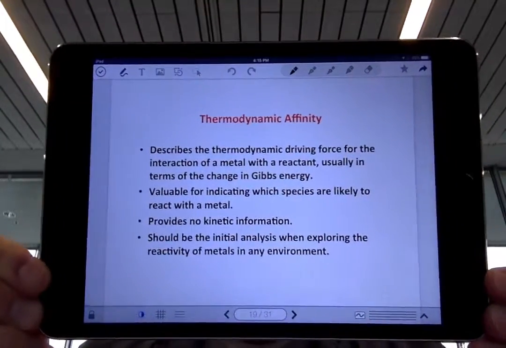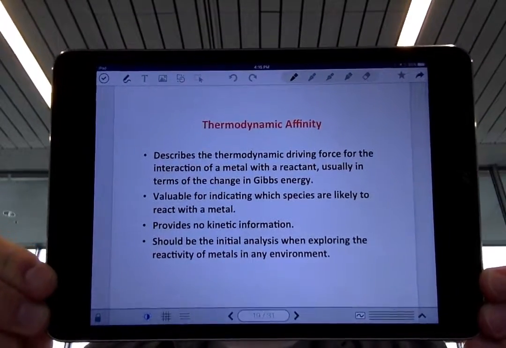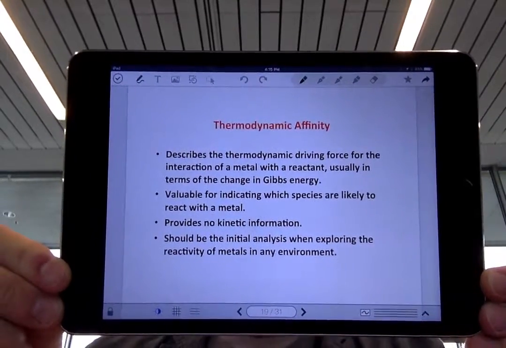Also, because we're dealing with chemical reactions, you know that we can calculate the thermodynamics of these electrochemical reactions. Thermodynamic affinity is something that we can talk about in terms of the driving force of the delta G. You know that delta G doesn't give you any kinetic information. Remember, potential and delta G are thermodynamic quantities, and current is the kinetic quantity.